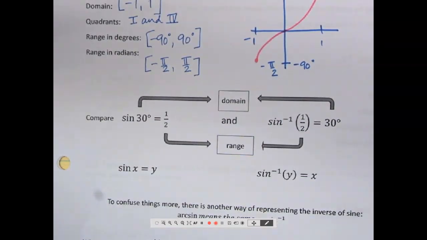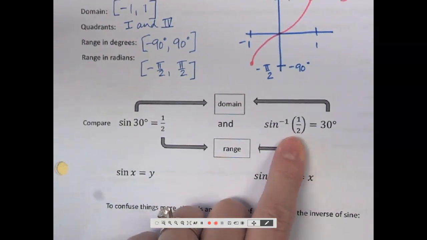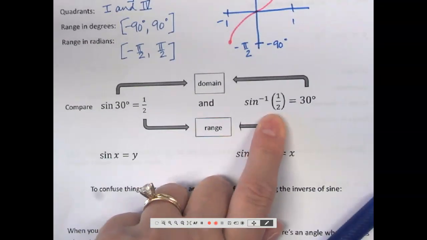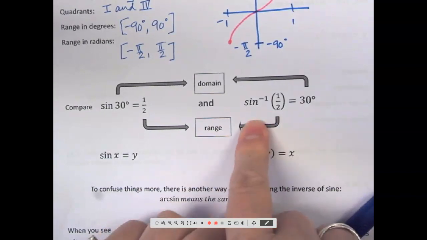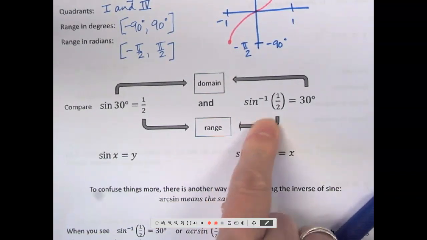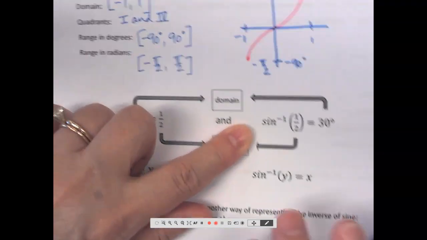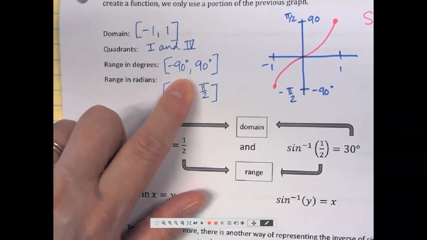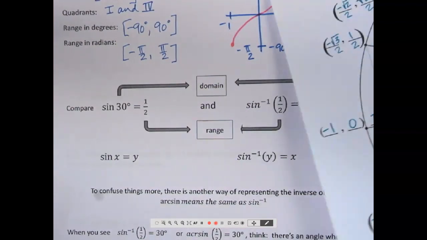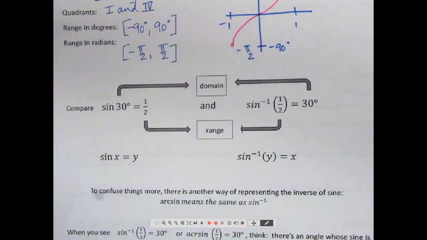They've switched. Whenever I read a problem like this, I think to myself, there's an angle whose sine is 1/2, and you want to find the angle. So it's kind of like you're going on a little treasure hunt, looking for an angle who has a sine of 1/2. That's when this range is going to come in handy, so that we only get one answer, and we all get the same answer.